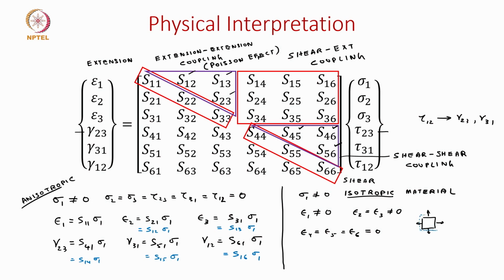Since here I am applying stretching stresses, the body will stretch, but it will not distort, meaning there are no shear strains for an isotropic material. But for an anisotropic material, we have this shear extension coupling, and even if you apply a simple normal stress, you will notice both normal strain as well as shear strain.